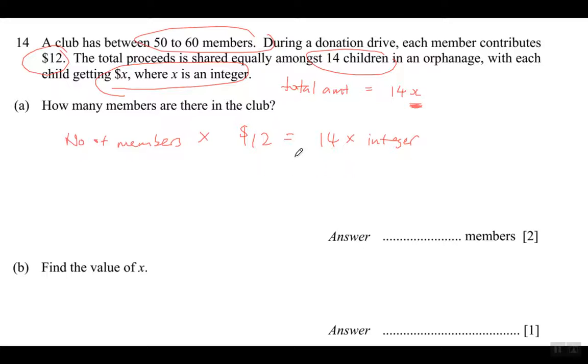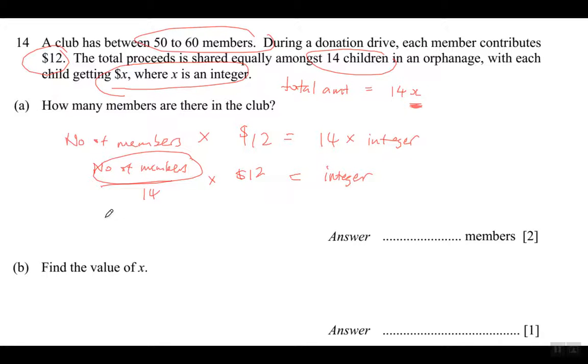Alright, so if I bring it across to the other side, the number of members times 12 divided by 14 must give me an integer.